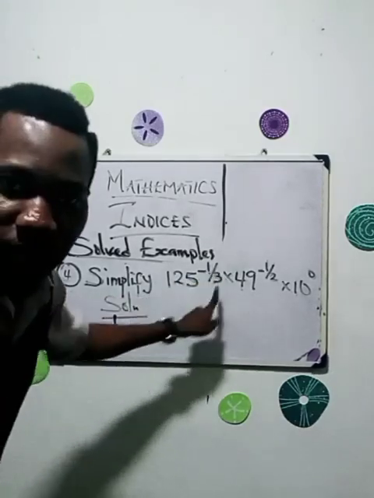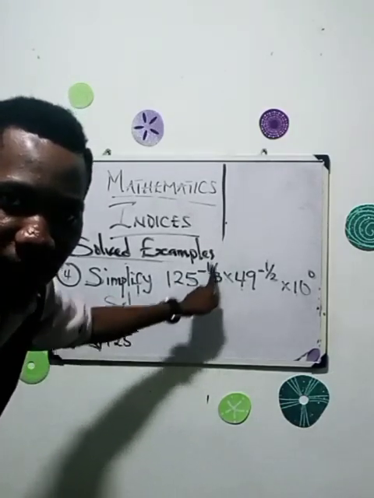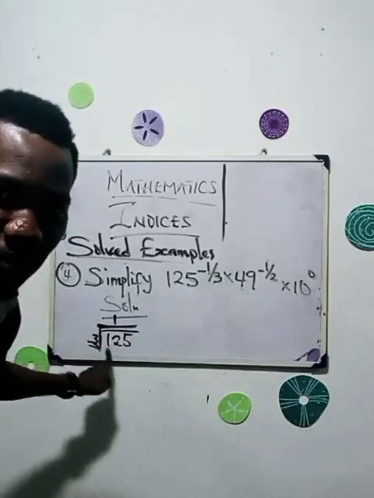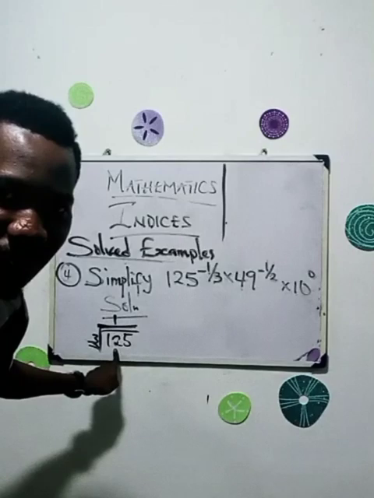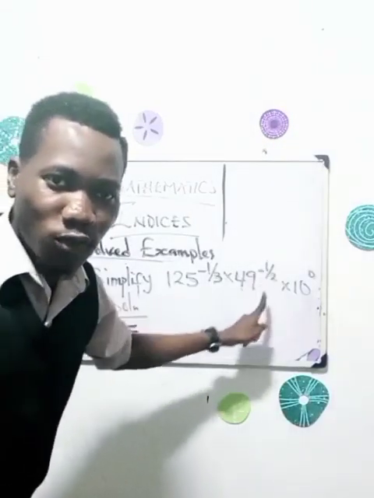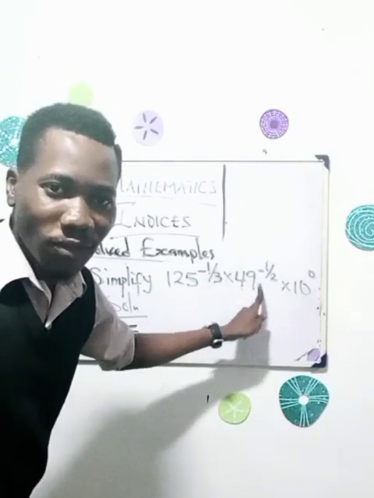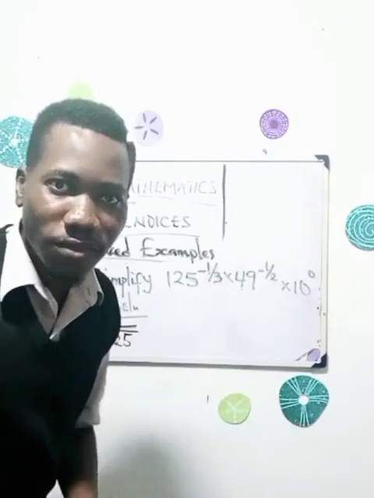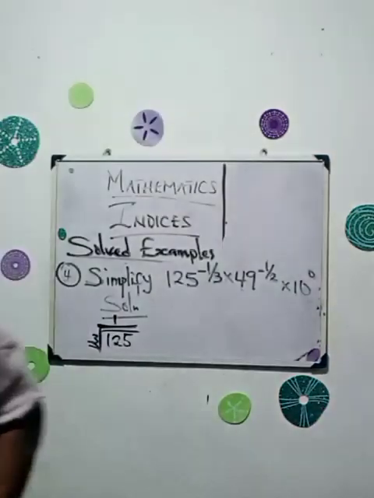So that's what this is giving me. 125 raised to the power of minus 1 over 3 is giving me 1 over cube root of 125. Alright, now this one. 49 raised to the power of minus 1 over 2. What is it going to give?